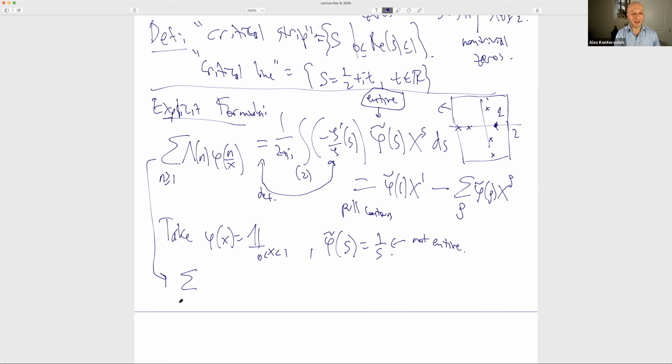Of course, it takes a lot of work to make this formula work for a function which you can't apply this to. But never mind, let's pretend, you'll see that it works anyway, and this is what Riemann proved. So this is the indicator function that n over x is less than 1, which is the same thing as saying n is less than x, right?